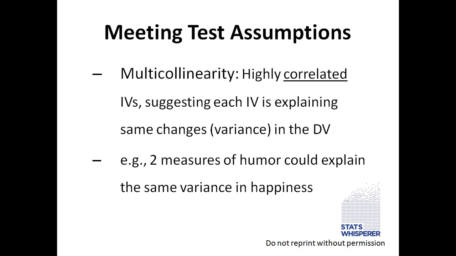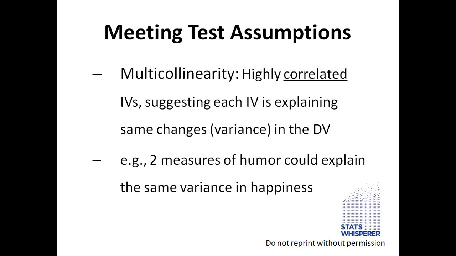So they're each reflecting the same thing, humor, but with two separate measurements. So if one explains some variance in happiness, suppose one explains 10% of the reason that the happiness scores go up and down, well, then the other might, if they're correlated very highly, explain the same 10% because it's generally the same construct.